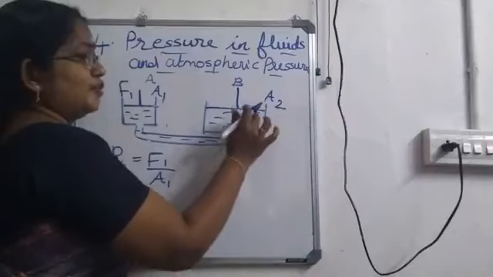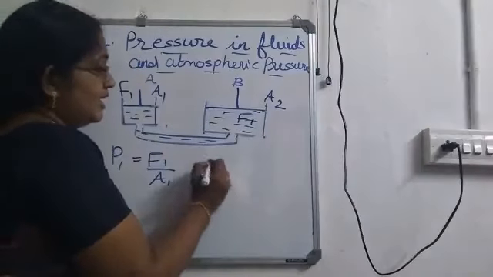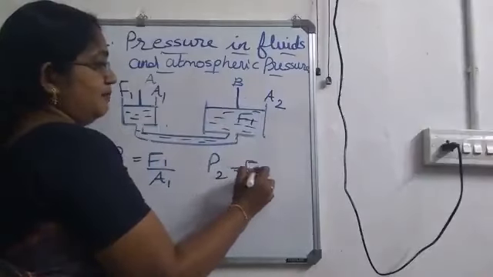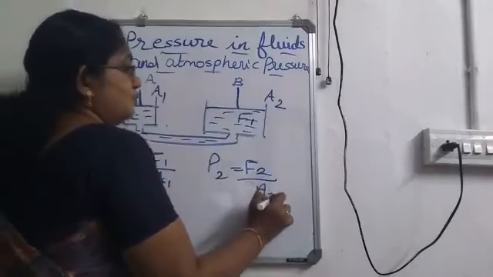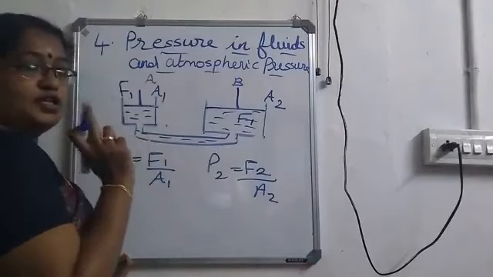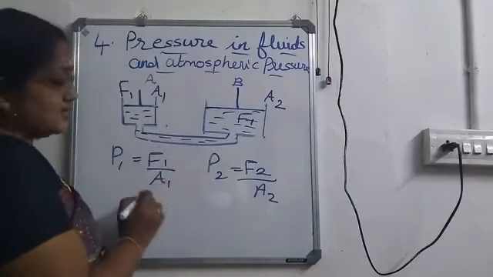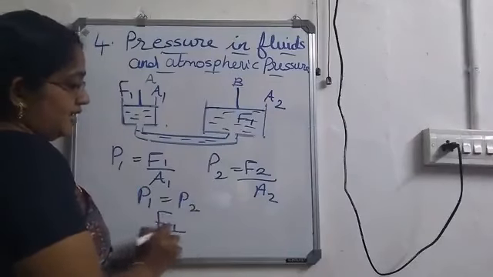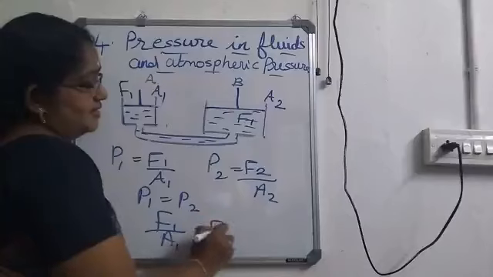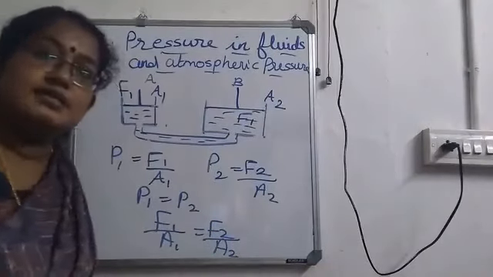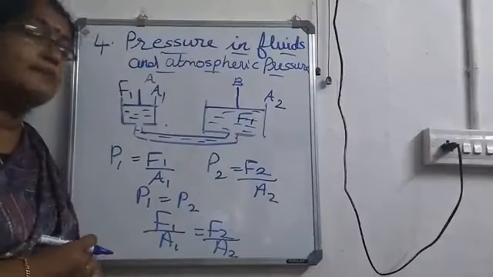Let F2 be the force which acts on this piston, and let the pressure formed here be P2. This is given by F2 by A2. According to Pascal's law, the pressure will be the same. That means P1 is equal to P2, or F1 by A1 is equal to F2 by A2. This is the principle of a hydraulic machine.